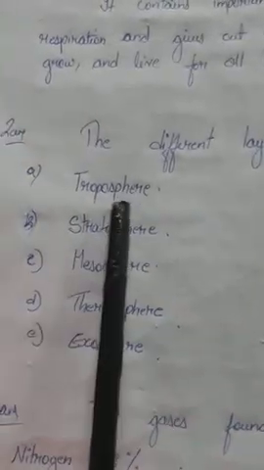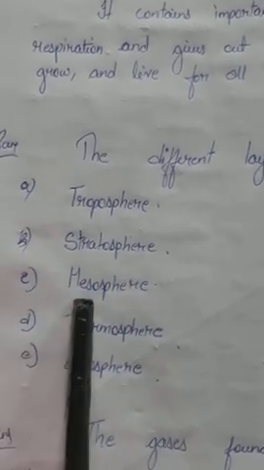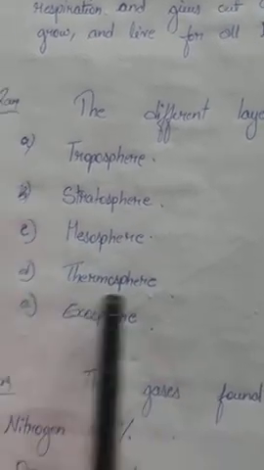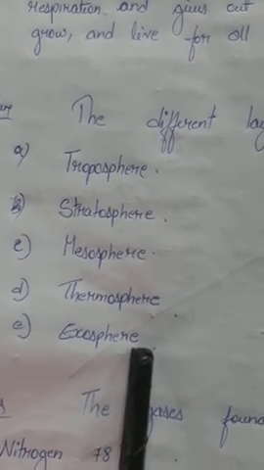Number 2. Name the different layers of the atmosphere. The different layers of the atmosphere are: A, troposphere; B, stratosphere; C, mesosphere; D, thermosphere; E, exosphere. So these are the 5 types of layers. Now number 3. Name the gases found in air.